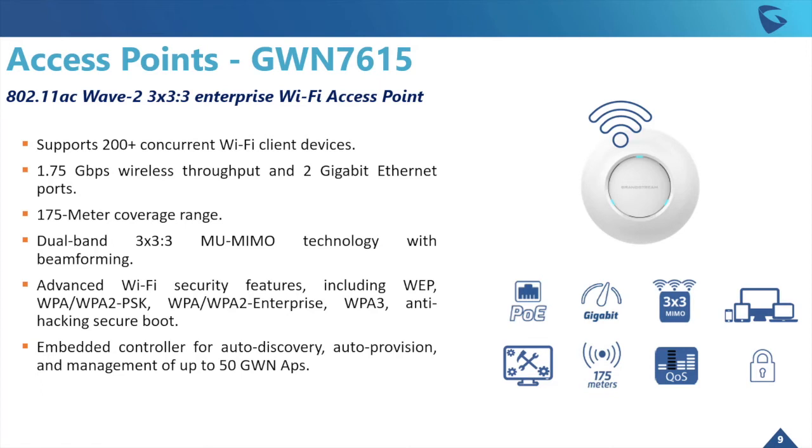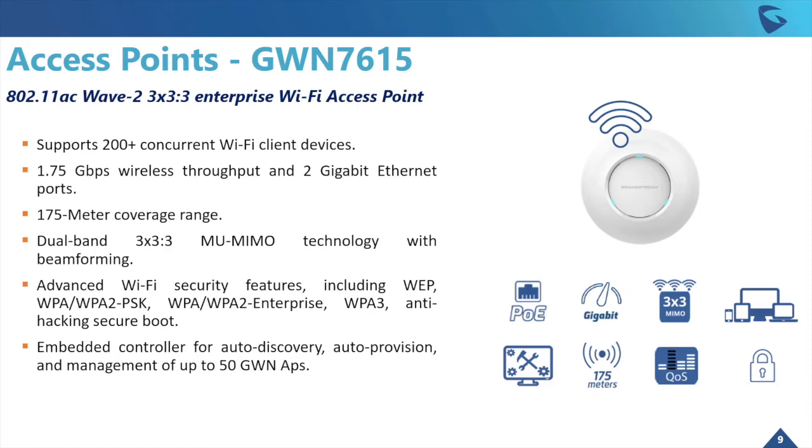Next, we have the 802.11ac Wave 2 Wi-Fi access point GWN 7615, designed for medium to high user density environments. GWN 7615 provides a wireless capacity of 200 plus concurrent clients and an aggregate throughput of 1.75 gigabits per second.